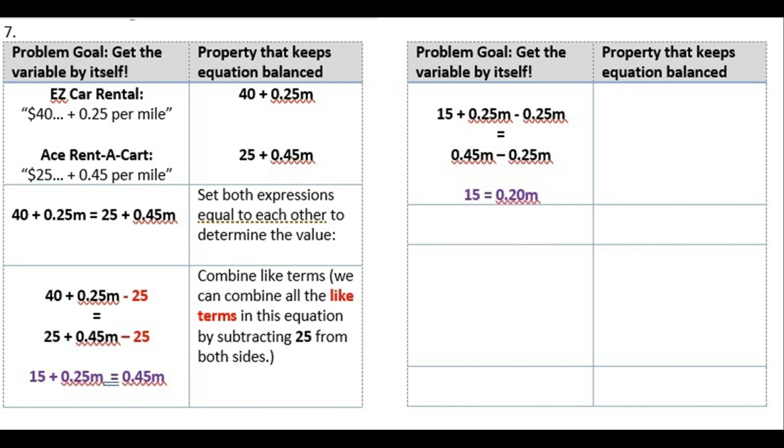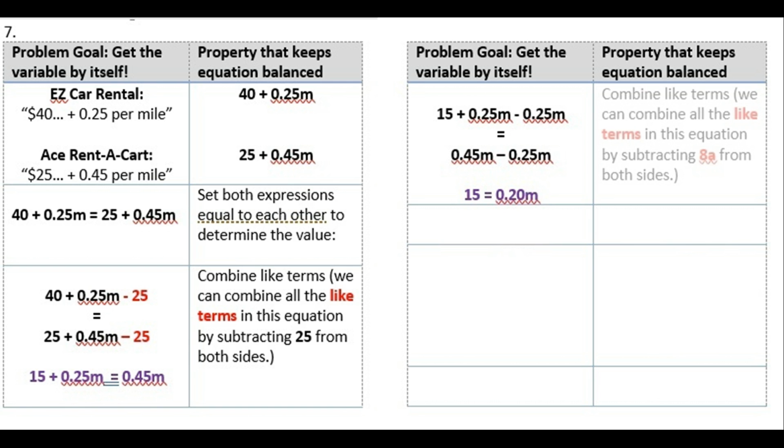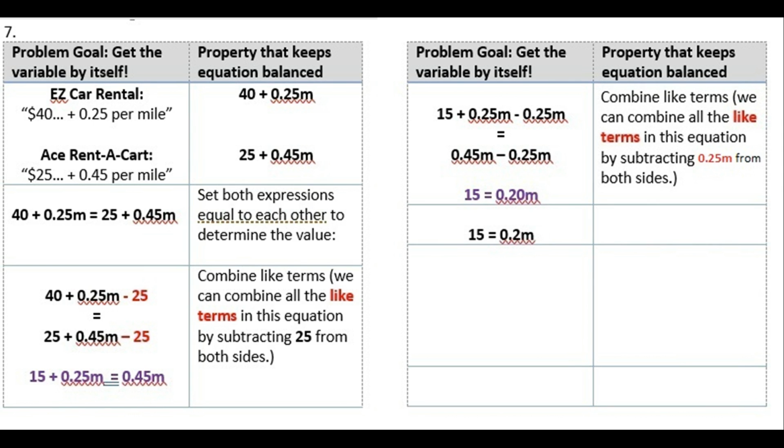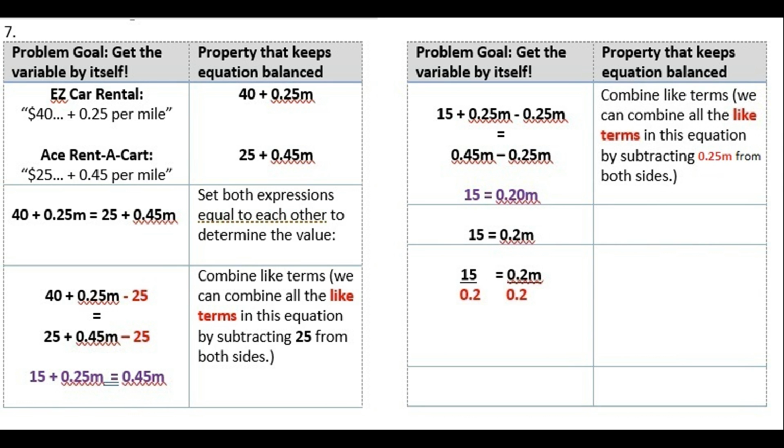Now we're looking at the m's. So what we're going to do here is subtract 0.25m from both sides of the equation, and we'll end up with 15 equals 0.2m. And all we did was combine like terms. So once we figure out that word problem, set the equations equal to each other, and slide our terms around, that's when we end up with the problem we can actually solve.